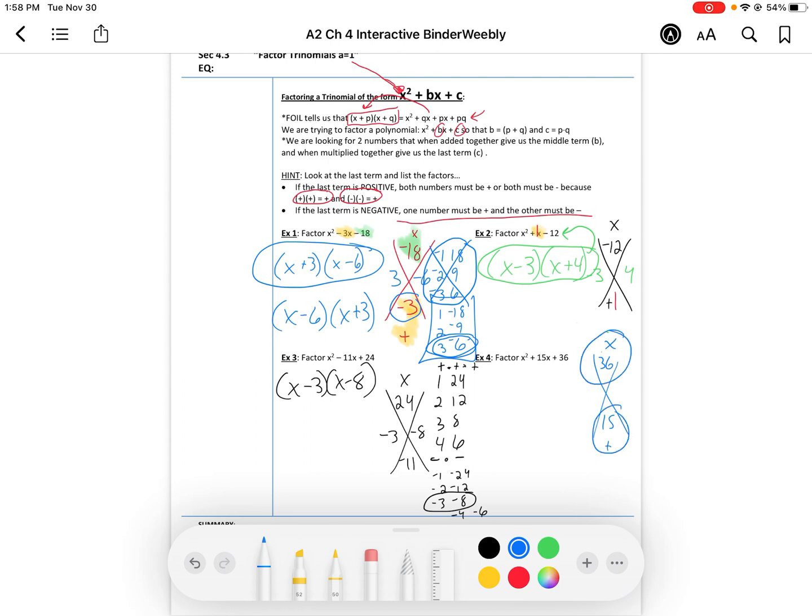And since this is adding to a positive, and a negative plus a negative is an even bigger negative, they must both be positive. Well, I guess I better start making the list. Oh, there we go, 3 and 12. So x plus 3 times x plus 12. There we are. Nice.